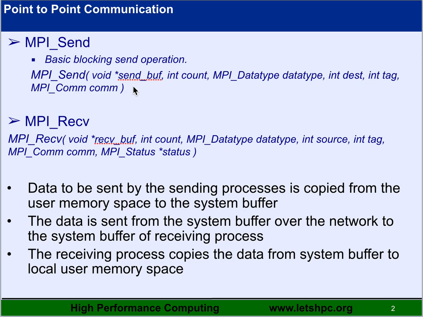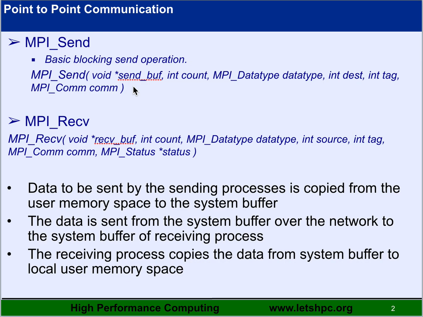That's the first part. The data is then sent from the system buffer over the network to the system buffer of the receiving process.